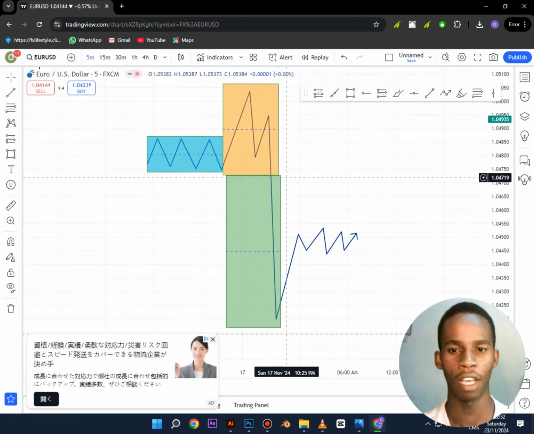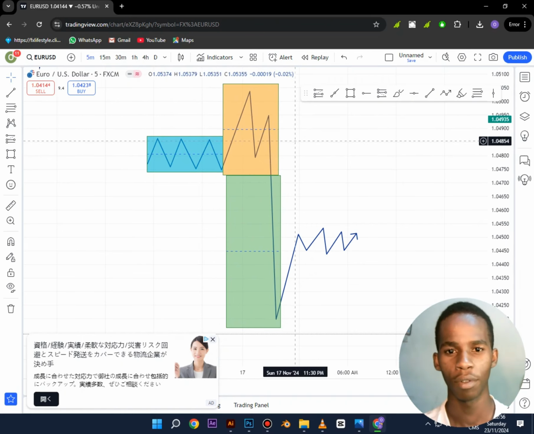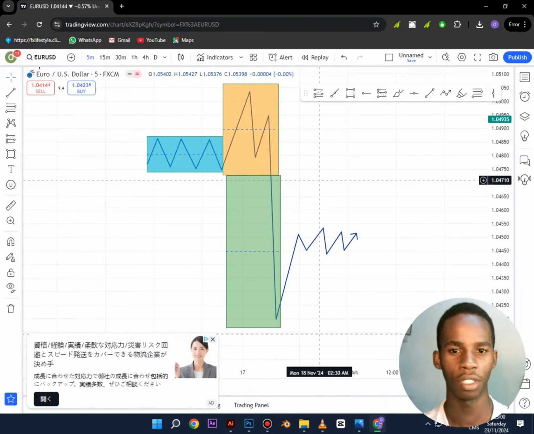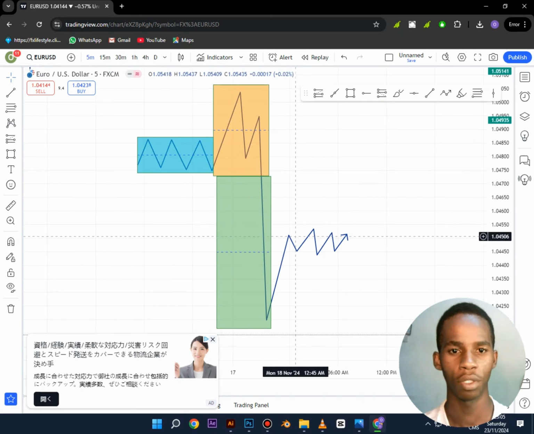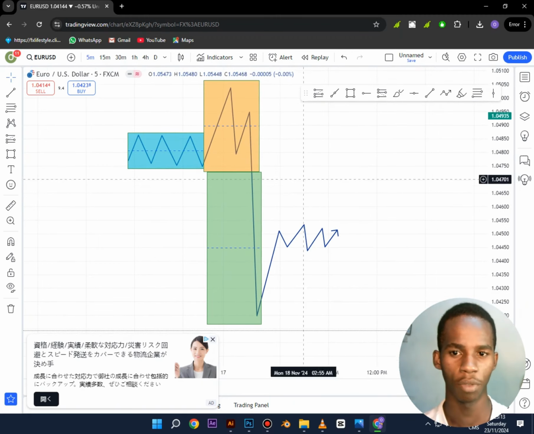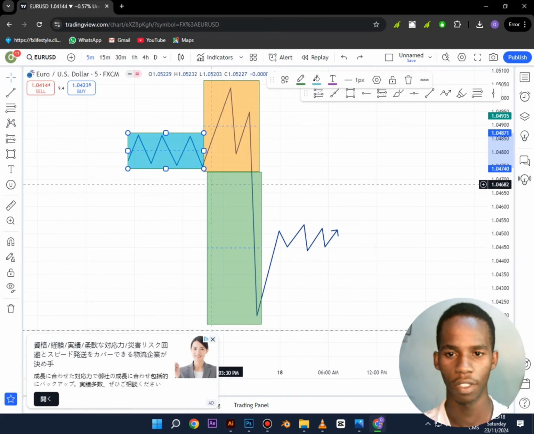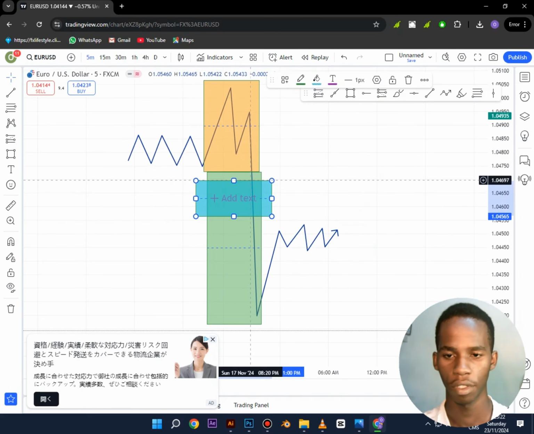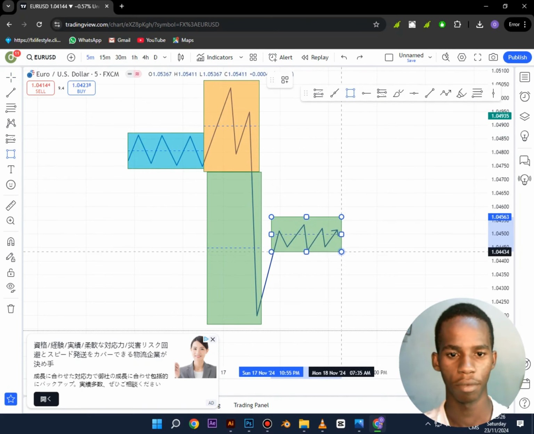Distribution phase is after having taken liquidity from the retail traders, we now take the market drives to its right direction where it has to go. So basically after distribution, we go back to the accumulation phase once again, which is seen right here. Which is the same thing right here.